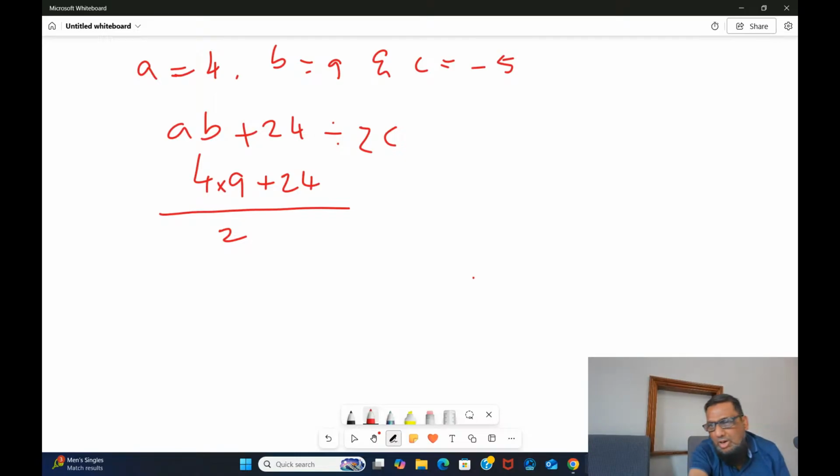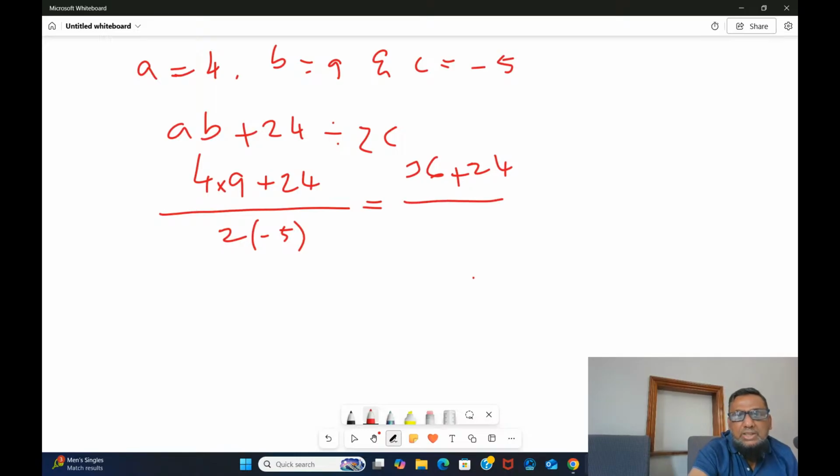And the value of C is -5. So very simple. 4 times 9 is what? 36. 36 plus 24, and divide by 2 times 5, which is 10, so -10, right?